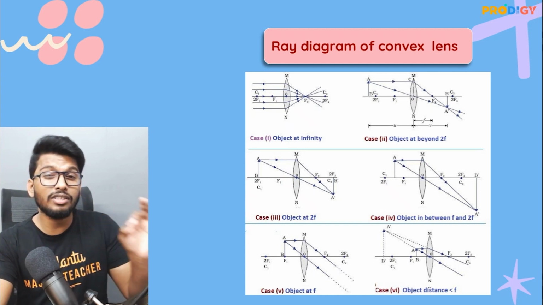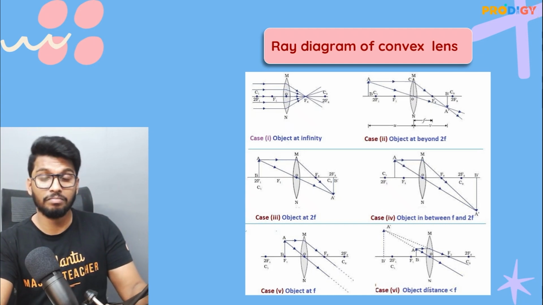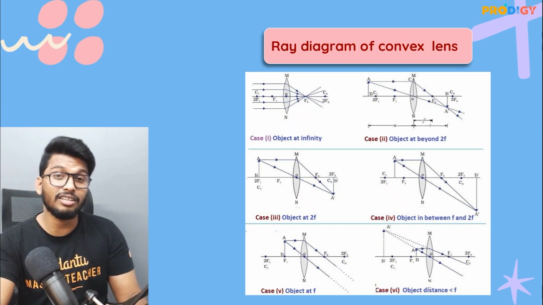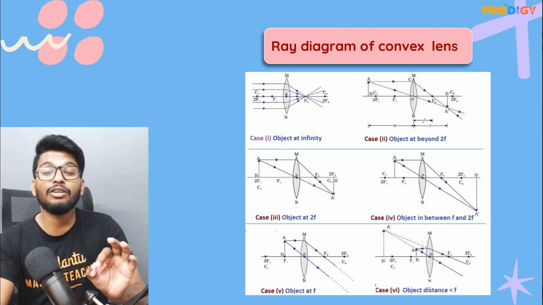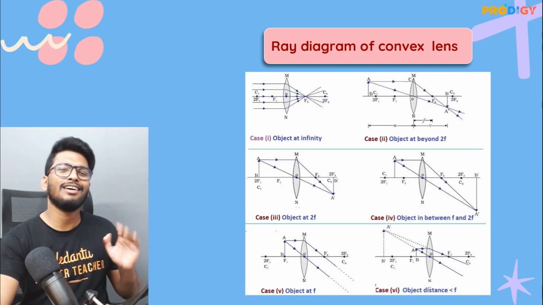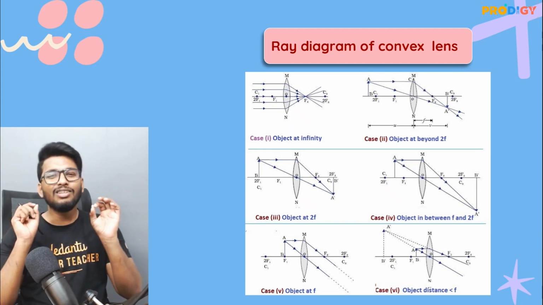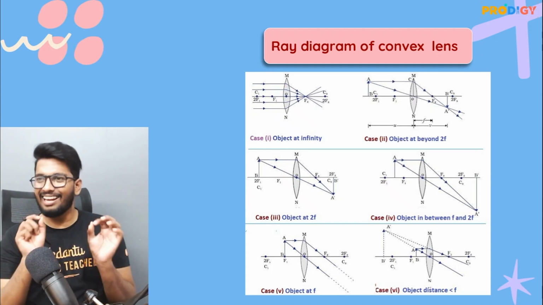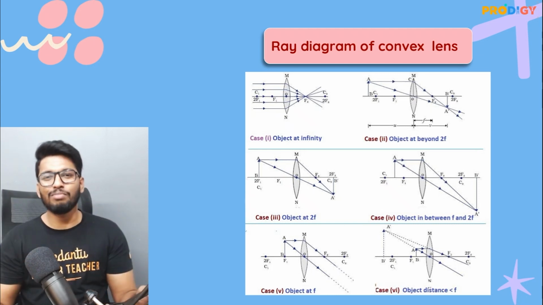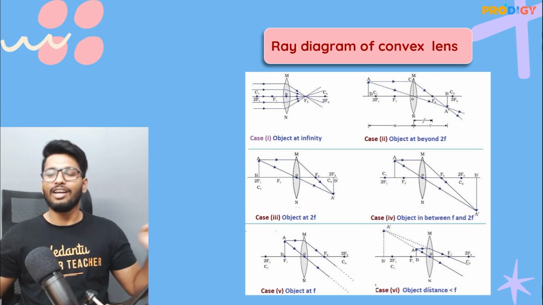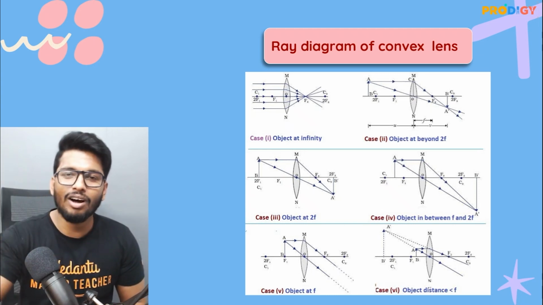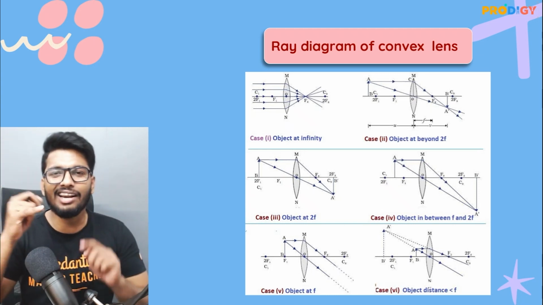If you know the standard incident rays, this is where you can easily score marks. No calculation required. If you can use a scale and approximately mark the position, you're good to go. No need to worry about anything. Your marks are yours.